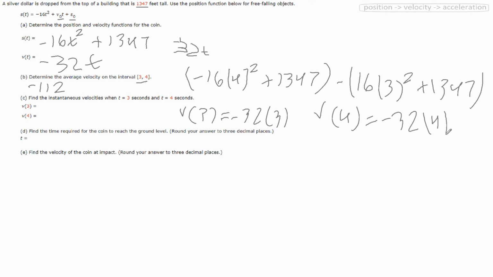So v of 3 would be equal to negative 96, and v of 4 would be equal to negative 128.